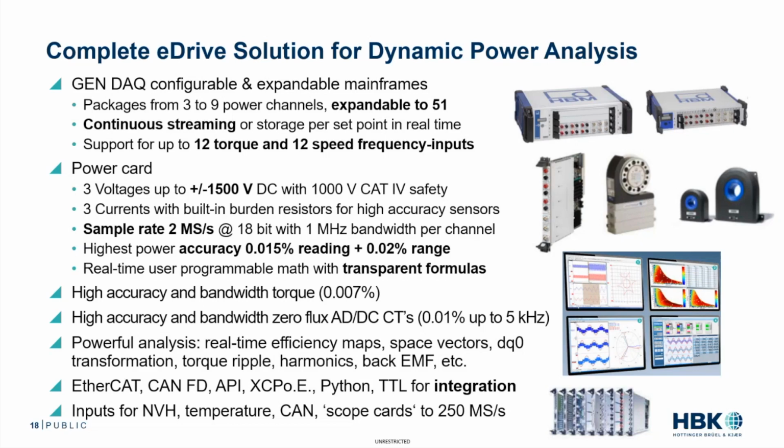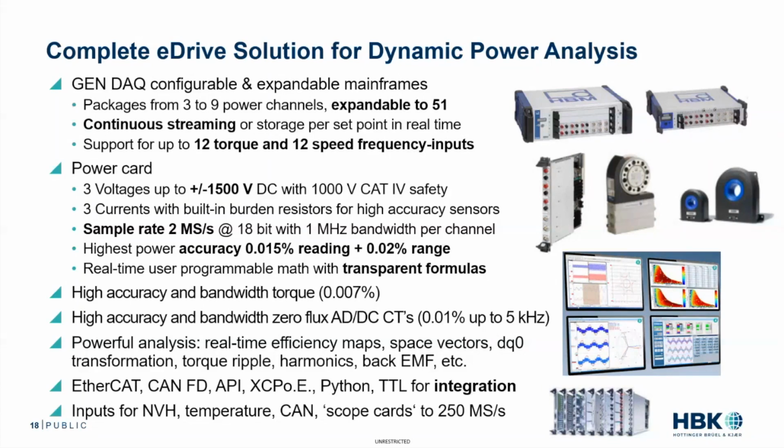And for flexibility, for quite a wide variety of setups, you want to be able to do multiple torques and speeds, and in this particular configuration, it's capable of doing 12 torques and 12 speeds, and you want to use frequency inputs for maximum accuracy in mitigating noise, and we'll talk more about that in just a moment.